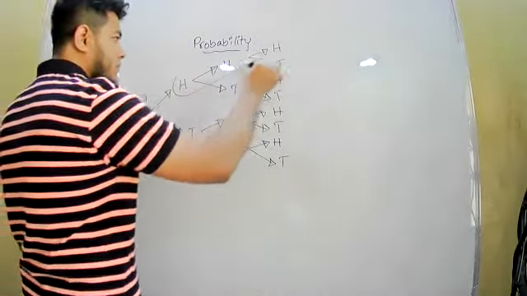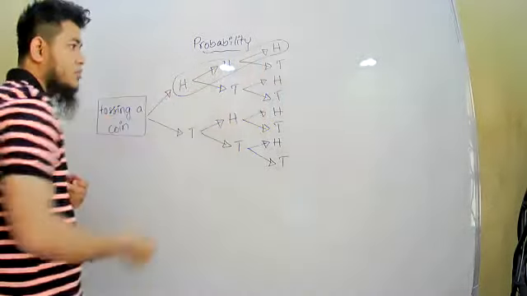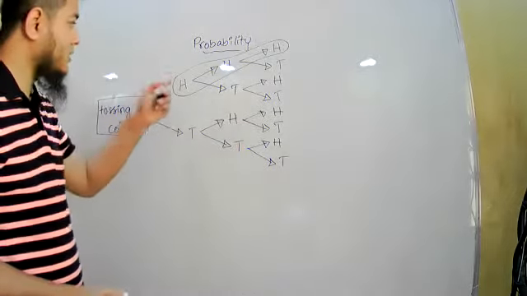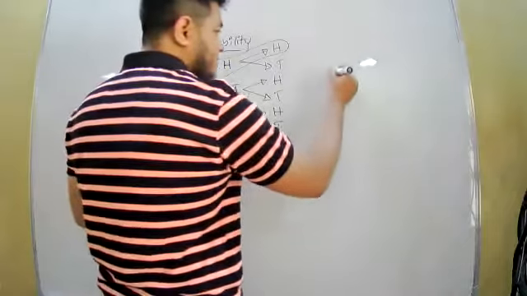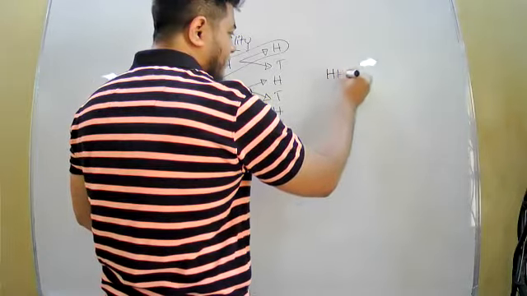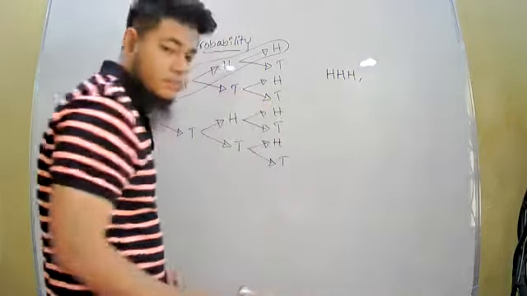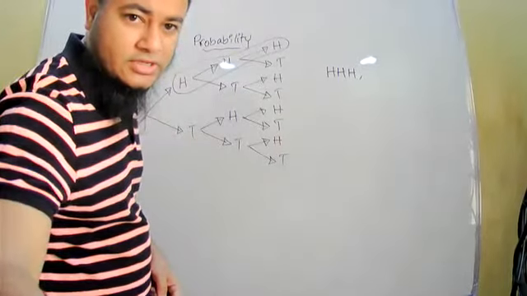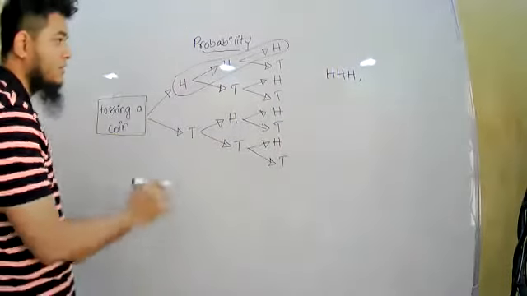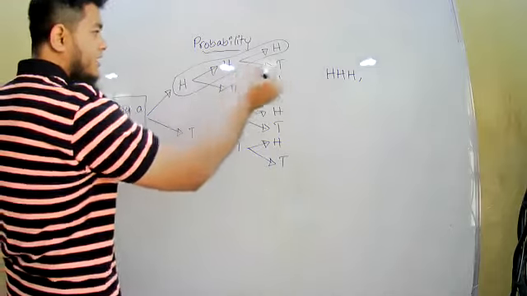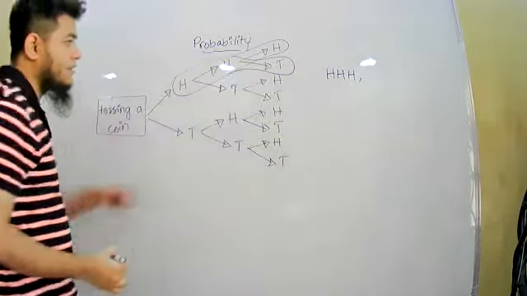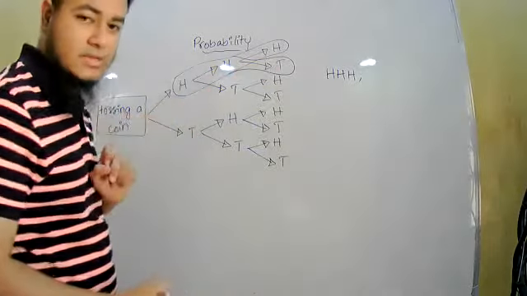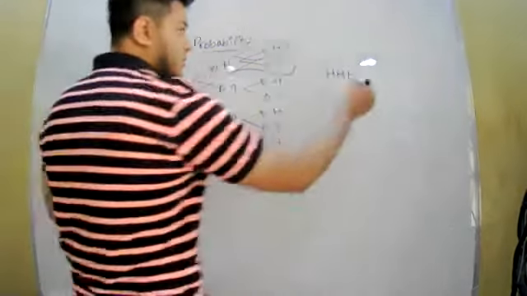See, this is the first possible outcome, right? Head, head, head. You will get head all the three times. This is one of the possible outcomes. The second possible outcome is head, head, tail. That is the second possible outcome.